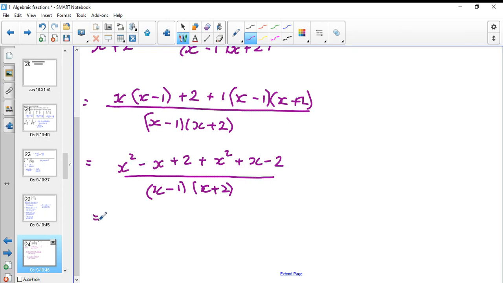That's better. Now I'm going to collect up. x squared plus x squared is 2x squared. Minus x plus x is nothing. 2 minus 2 is nothing. So all of that simplifies to 2x squared over x minus 1, x plus 2. And that is as simple as you can get it. That's the answer. That's how to incorporate a whole number that they tag on the end.